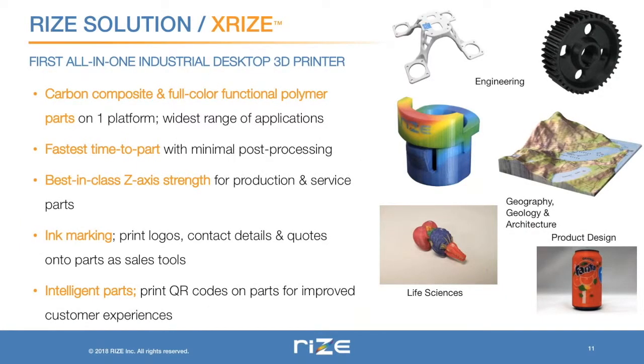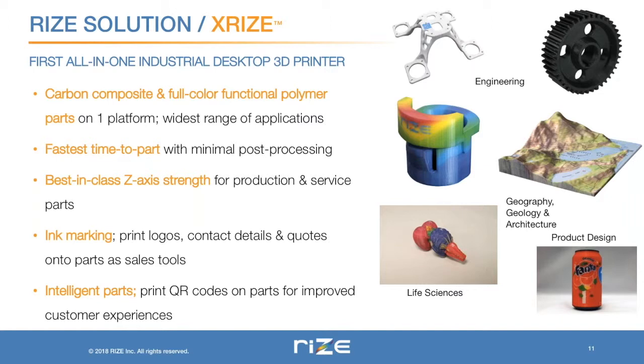Now regarding X-Rise, some of the specific applications that full color prints can be used for include engineering applications for visualizing simulations or things like that, as well as geography, geology, and architecture, where we're able to print high resolution maps with both geographic data as well as political data, the names of different places.